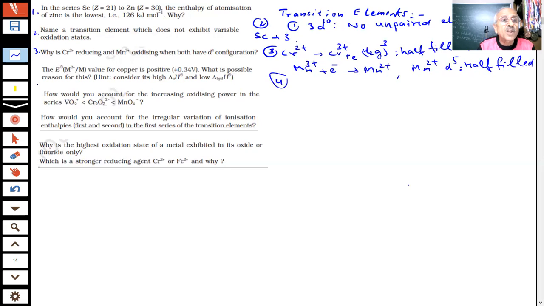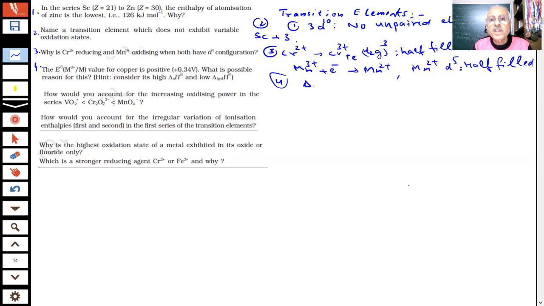Students, next question before you: the E° value of M3+/M2+ for copper is positive. What is the possible reason for this? You already know it, 30 seconds only. Because delta H sublimation and delta H ionization are compensated by a very high hydration enthalpy for copper. That is the correct answer.